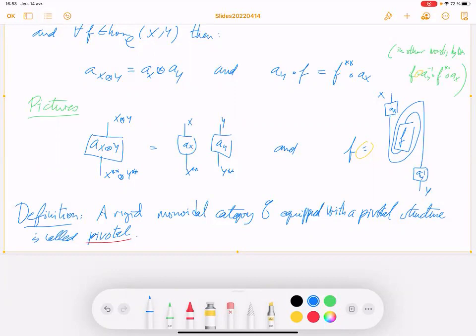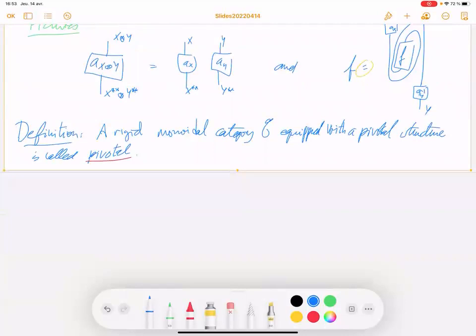I have no time for more, so I can just finish with this remark.